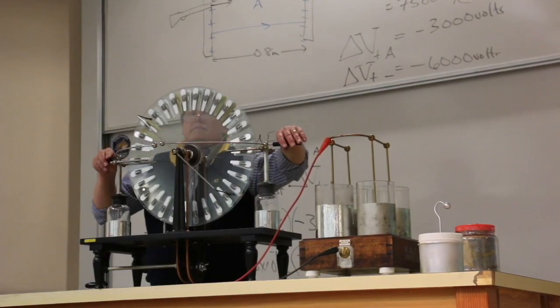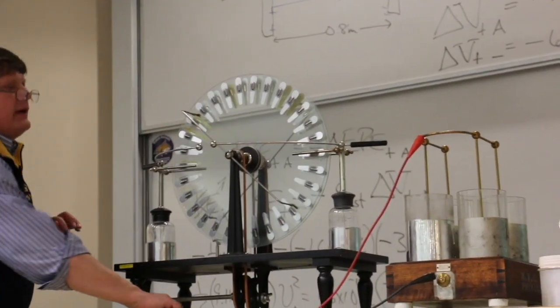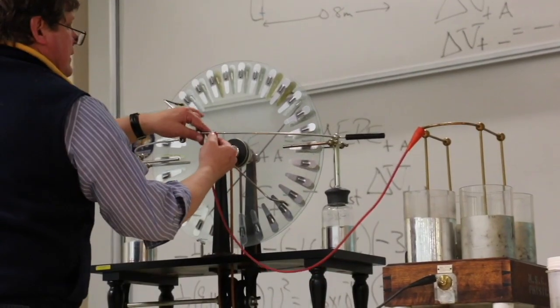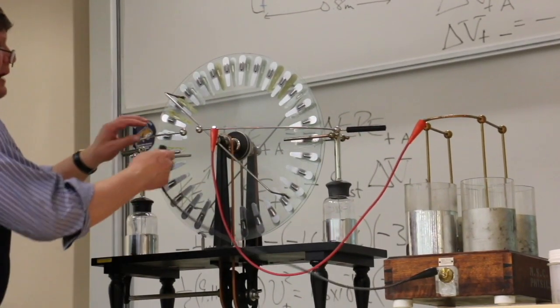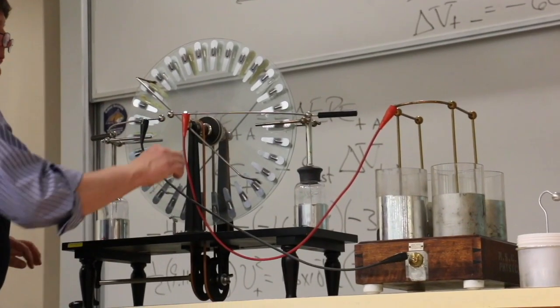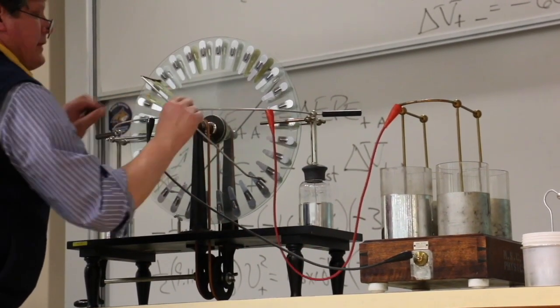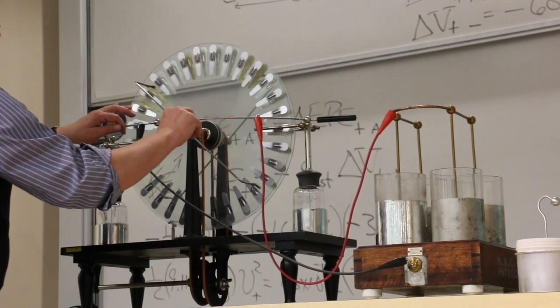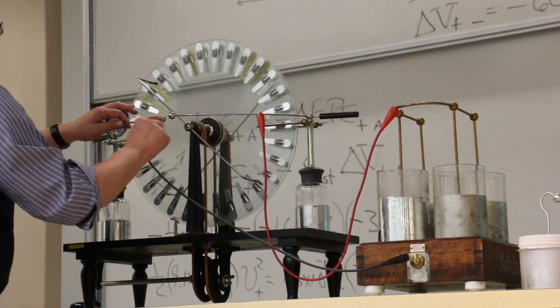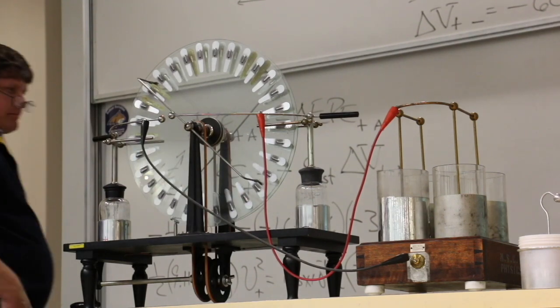Now, if I connect these bars electrically to the inside and the outside capacitor bank of that Leyden jar bank, and I'm going to move that over there, and I'm going to leave these leads here about 1 centimeter apart again.